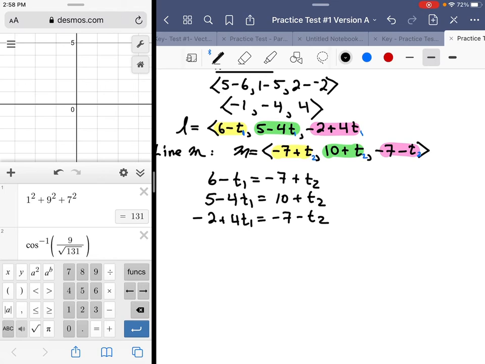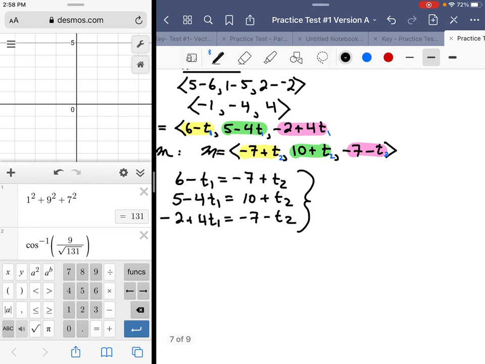Get your t's on the same side, get your constants the other way. So I'm going to, in the first one, add t1 to both sides. So t1 plus t2 equals 13. I'm going to add 4t1 to both sides. So 4t1 plus t2 is equal to negative 5.